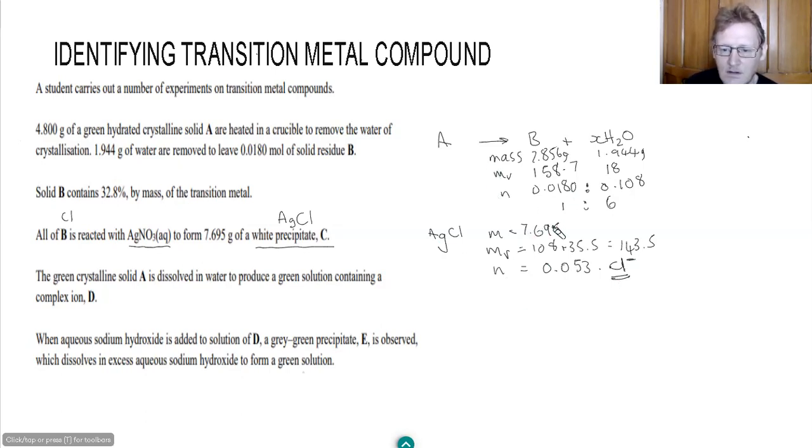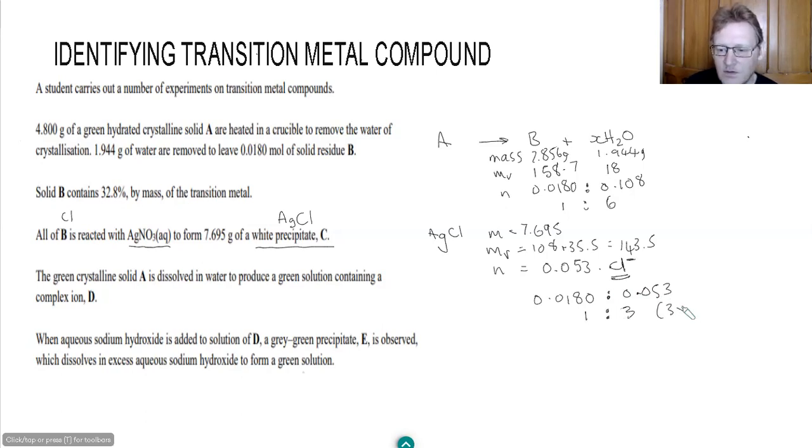And if we look now at the ratio between our solid B and our chloride ions, 0.018 to 0.054, this is almost a 1 to 3 ratio.